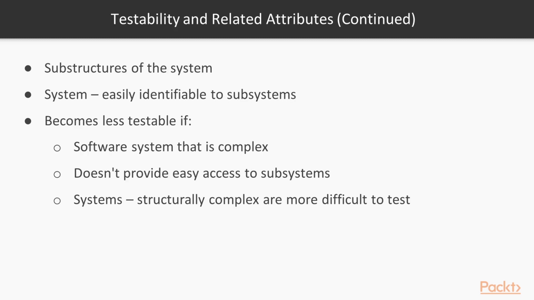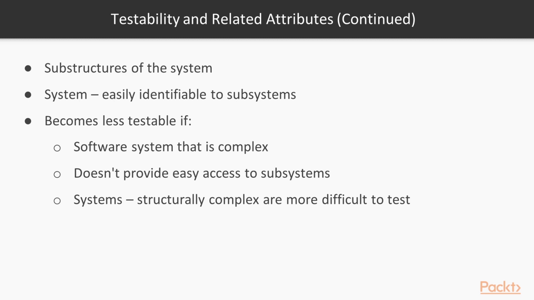Another aspect is the amount of control that the tester has on the substructures of the system. In order to design meaningful tests, a system should be easily divisible into subsystems with well-defined APIs, for which tests can be defined. A software system that is complex and doesn't provide easy access to its subsystems, by definition, becomes much less testable than one which does.